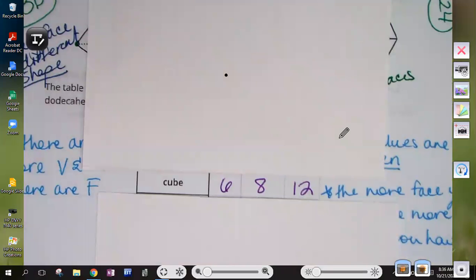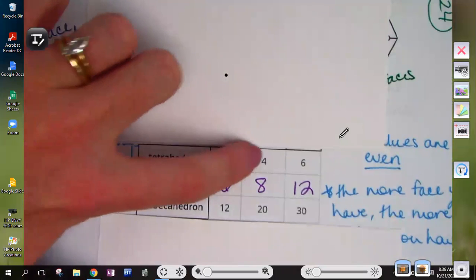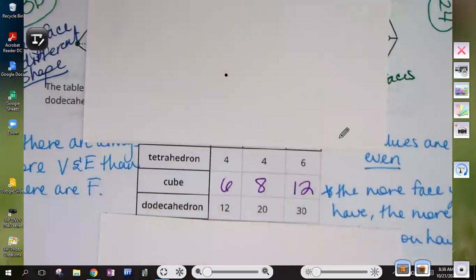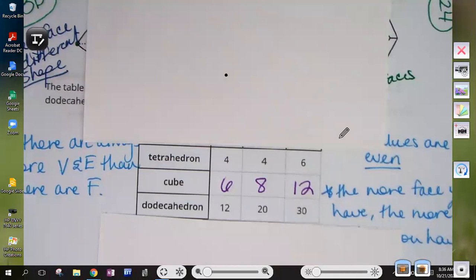What do y'all notice as we just hone in on the cube? You can even look at it here. So tetrahedron, it's 4, 4, then 6. 6, 8, then 12. Okay, we'll come back to this, because if we're not seeing it yet, we're going to go forward and then come back.